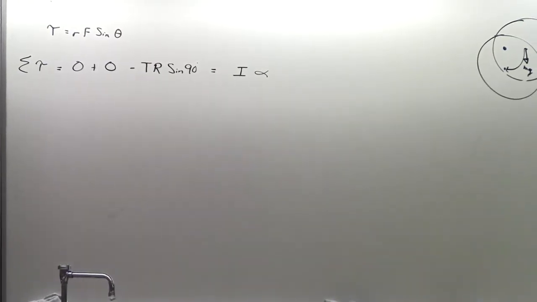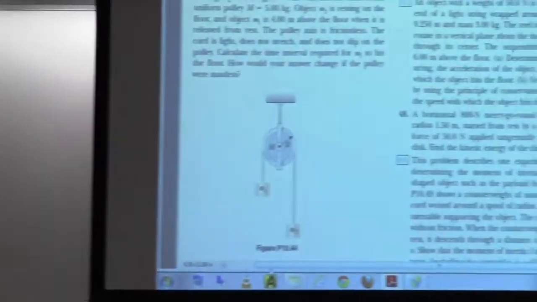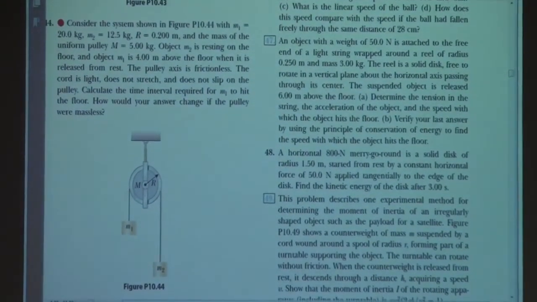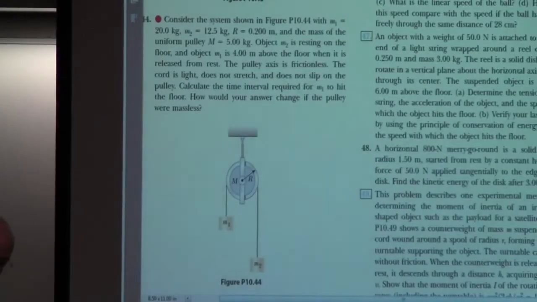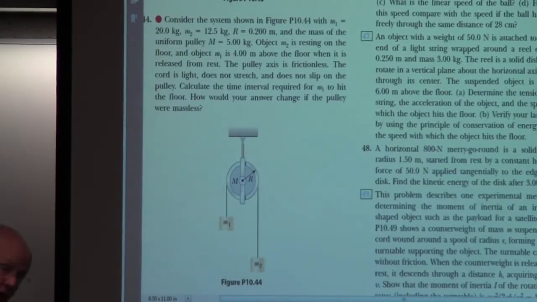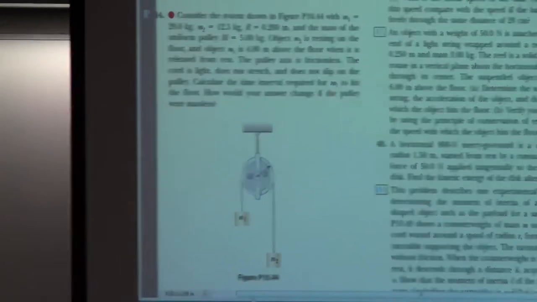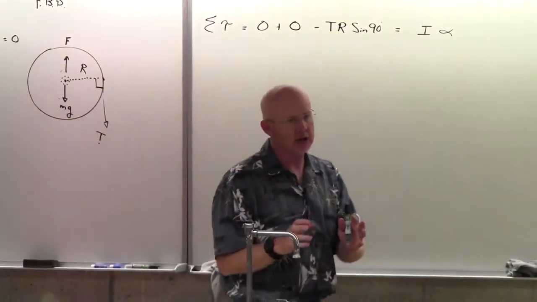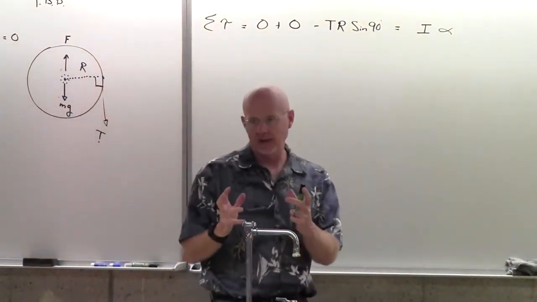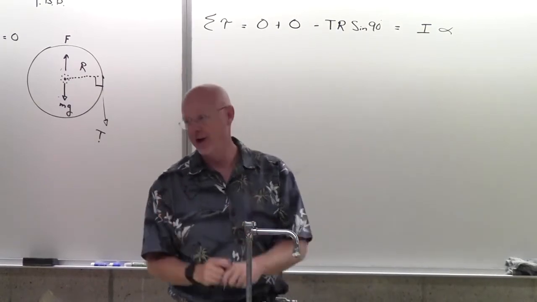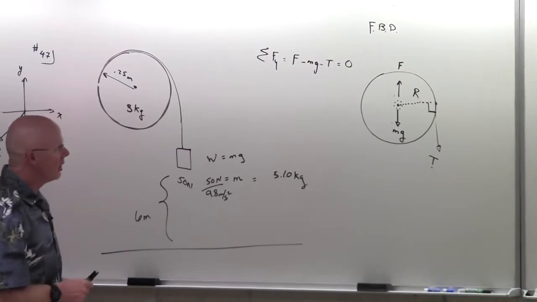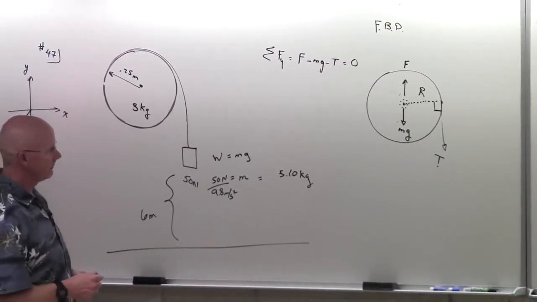And so what I wanted you to see in this problem was that just like any problem that we would have done in Chapter 5 using Newton's second law for translation, I am going to do the same logic here, but I'm going to apply it to rotation. And so if you can learn that skill, you'll see how easy Chapter 10 is. If you don't see that analogy, ouch, you will see how hard and long this chapter really is. Okay? And so there would be my one problem.